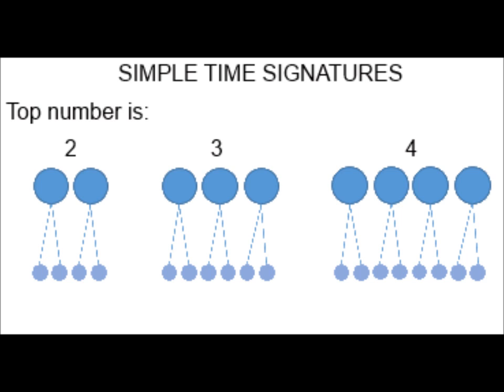In the diagram here, the large blue circle shows you how many beats per bar there are, and the smaller circles show you how each beat is divided up. And when the main beat is divided into 2 like this, we say that it is a simple time signature. In a simple time signature, the top number is the number of beats.